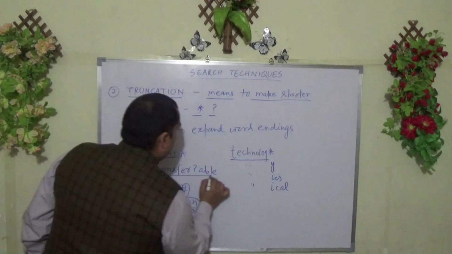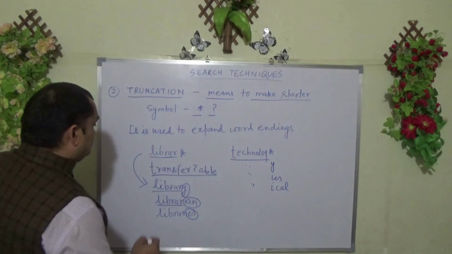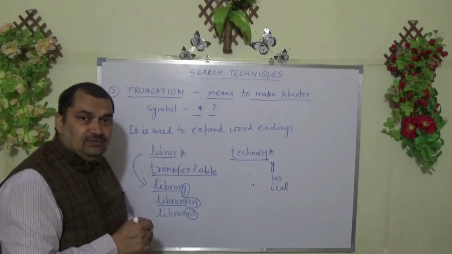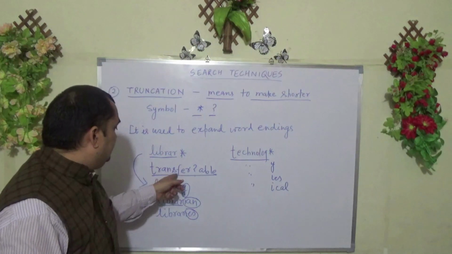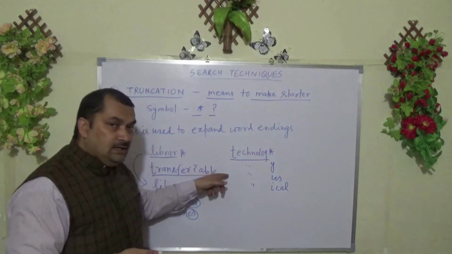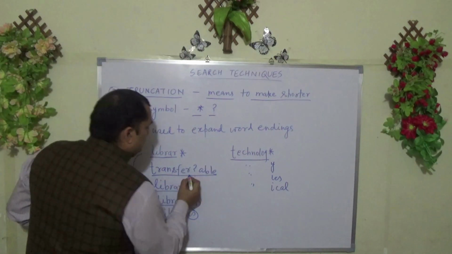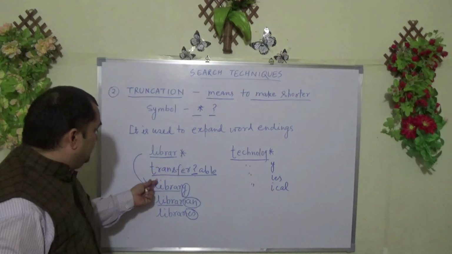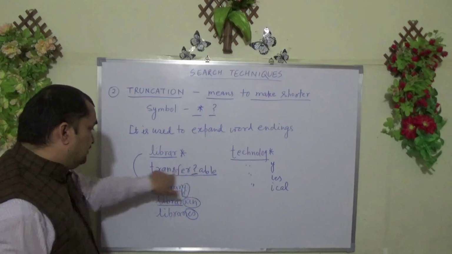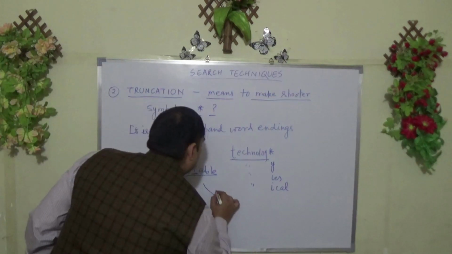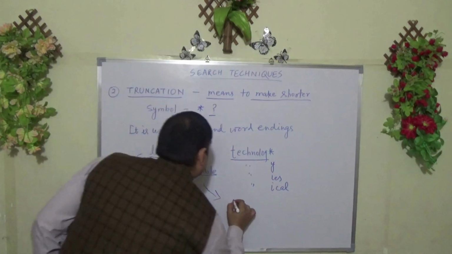Let's take one example of a wildcard, that is the question mark, with transferable. Sometimes it happens that when we write any word, we are not sure whether it will be TRANSFERABLE with double R, or only a single R. So we have doubt what will come here. What we can do is simply use the question mark in the middle of the word, and then it will throw the result on your search page like this.